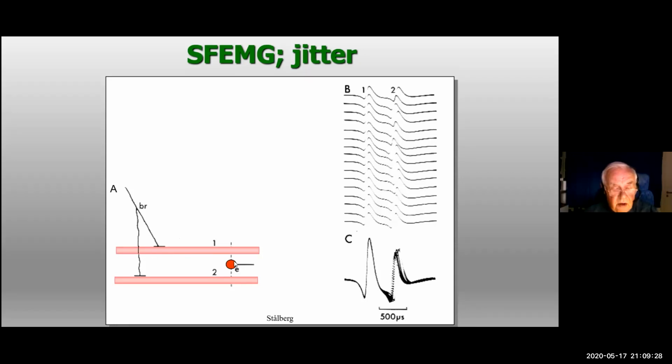And when we now are recording with our small needle electrode close to 2 of these fibers, we can record one signal that comes first and the other comes later, maybe because the conduction velocity here is a little slower and because of position of end plates.